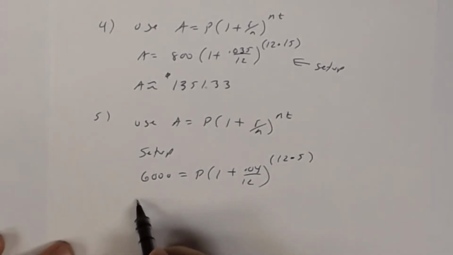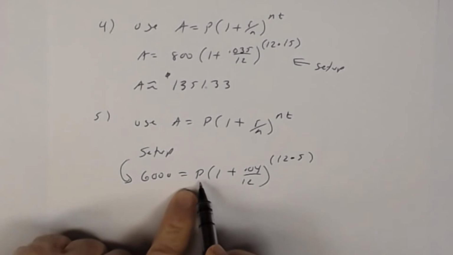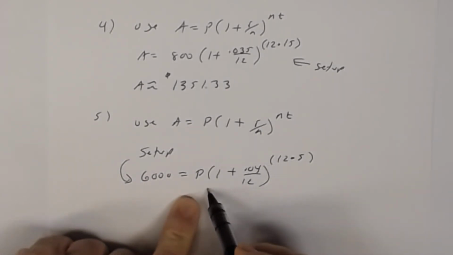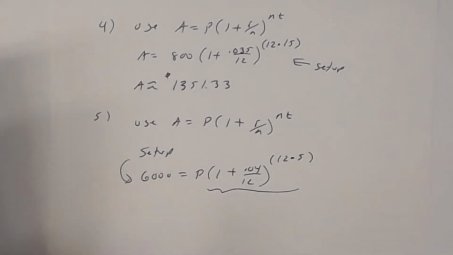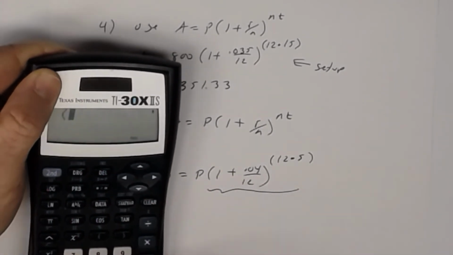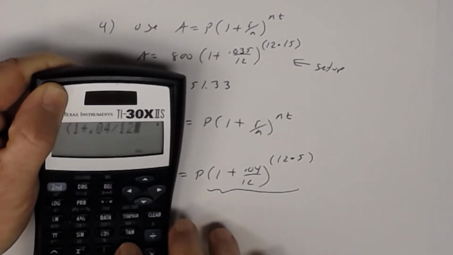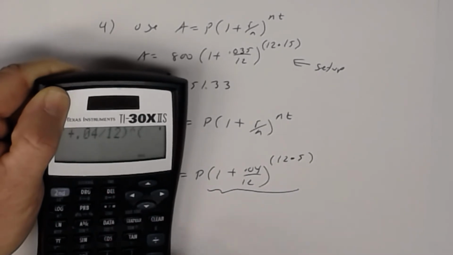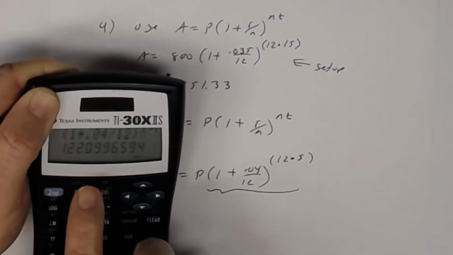Okay, so what you got to do now is this. So there's your setup right here. Okay, so now you got to get P by itself. So what you need to do is use your calculator and figure out what this part is. So in your calculator, you're going to say 1 plus 0.04 divided by 12, close the parentheses, raised to the parentheses 12 times 5, close the parentheses, and press equal. So notice you have all these digits.